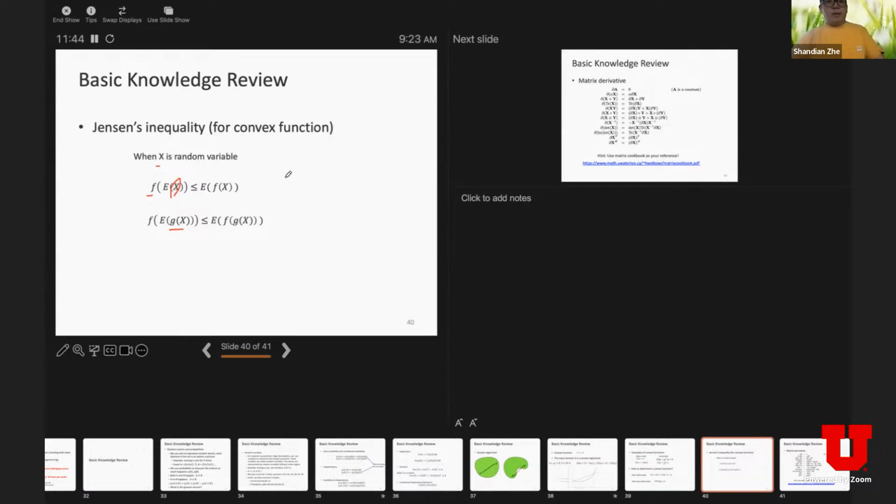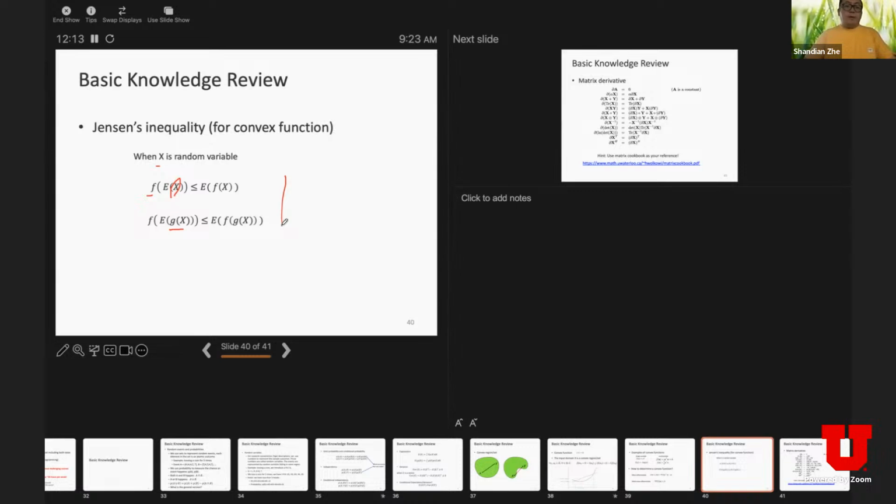This is a very useful result, because it forms the foundation of variational inference, which is, I guess, the most fundamental algorithm in modern machine learning, like variational autoencoders, stochastic variational inference, and so on.